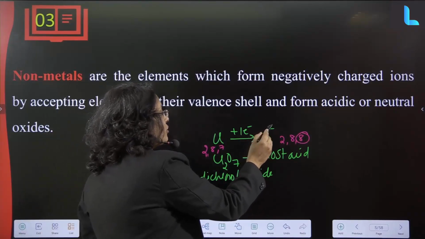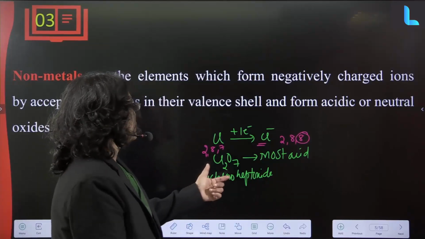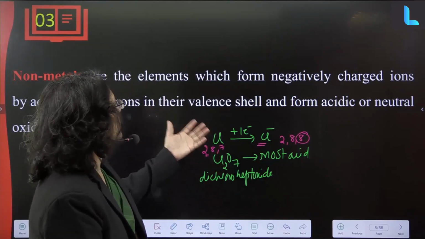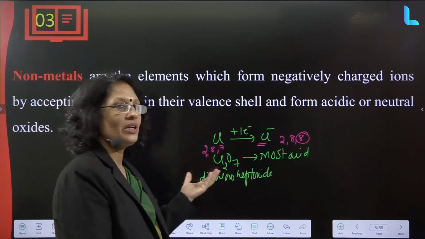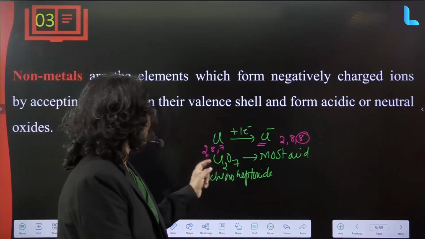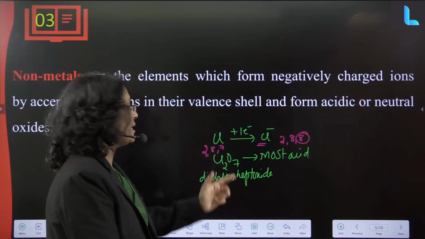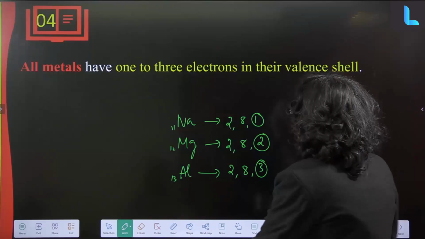When it accepts an electron, it becomes a negatively charged ion, an anion. Non-metals form acidic or neutral oxides. The most acidic oxides are found with chlorine, for example dichlorine heptoxide: dichloro means 2 chlorine, hepta means 7 oxygen, so Cl2O7.